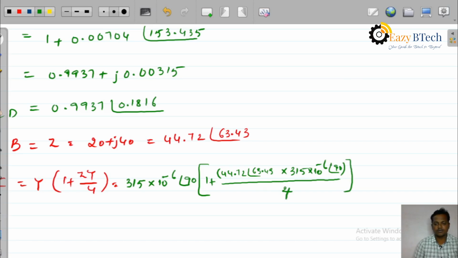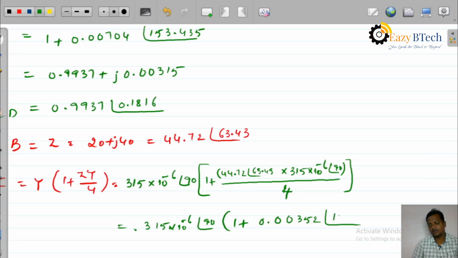Sorry, it is 4. Divided by 4, we get 315 into 10 power minus 6 at an angle 90 into 1 plus 0.00352 at an angle 153.458.